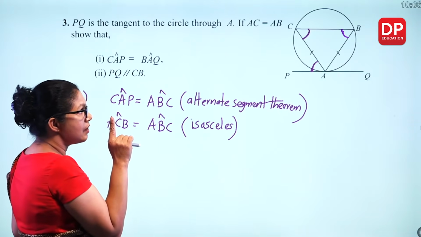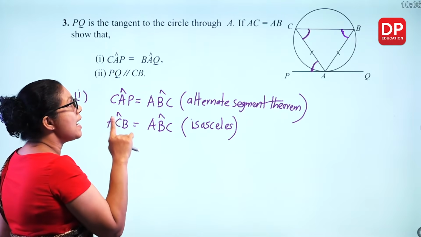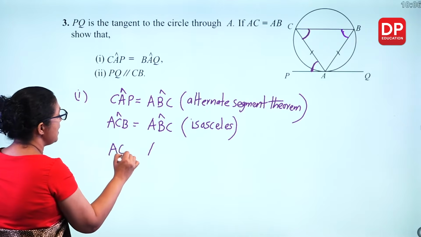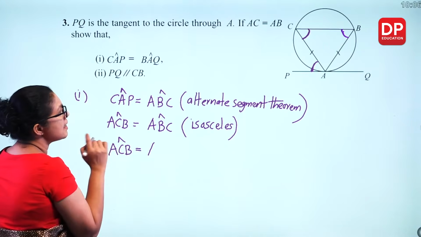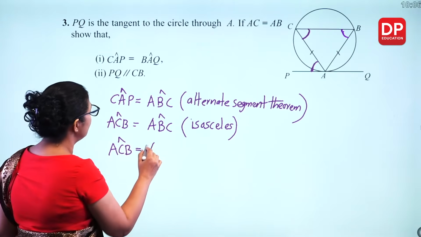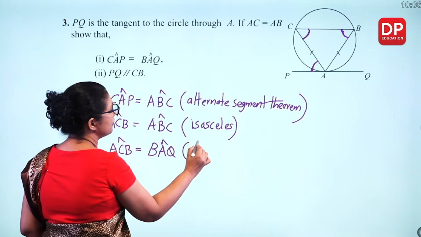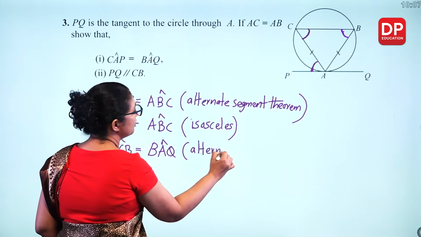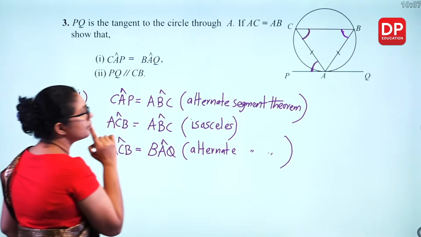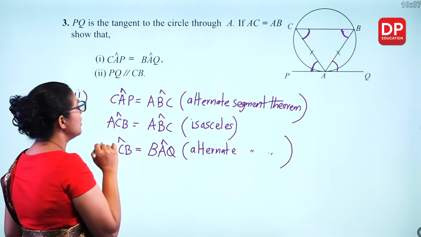According to alternate segment theorem, ACB angle is equal to BAQ. So this angle and this angle also equal.